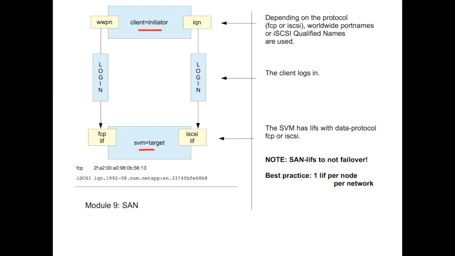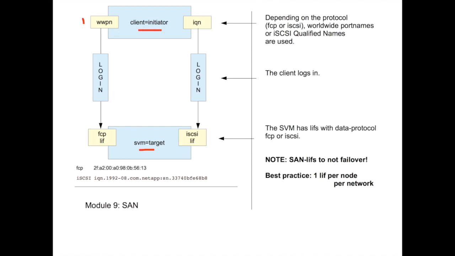So there will be an initiator and there will be a target IQN. And in all cases, the client will have to log in to the storage virtual machine. When you run Fibre Channel protocol, either Fibre Channel over Ethernet or regular Fibre Channel protocol, then you will have worldwide port names via which the client can log in to the SVM target.